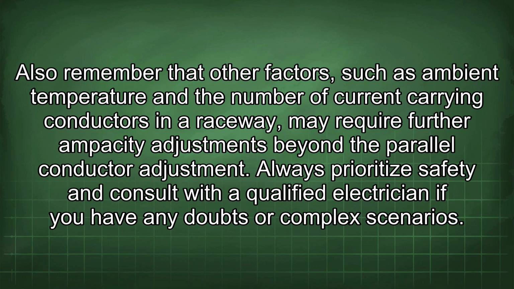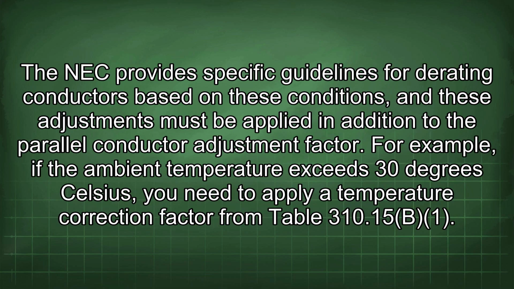Also remember that other factors, such as ambient temperature and the number of current carrying conductors in a raceway, may require further ampacity adjustments beyond the parallel conductor adjustment. Always prioritize safety and consult with a qualified electrician if you have any doubts or complex scenarios. The NEC provides specific guidelines for derating conductors based on these conditions, and these adjustments must be applied in addition to the parallel conductor adjustment factor.